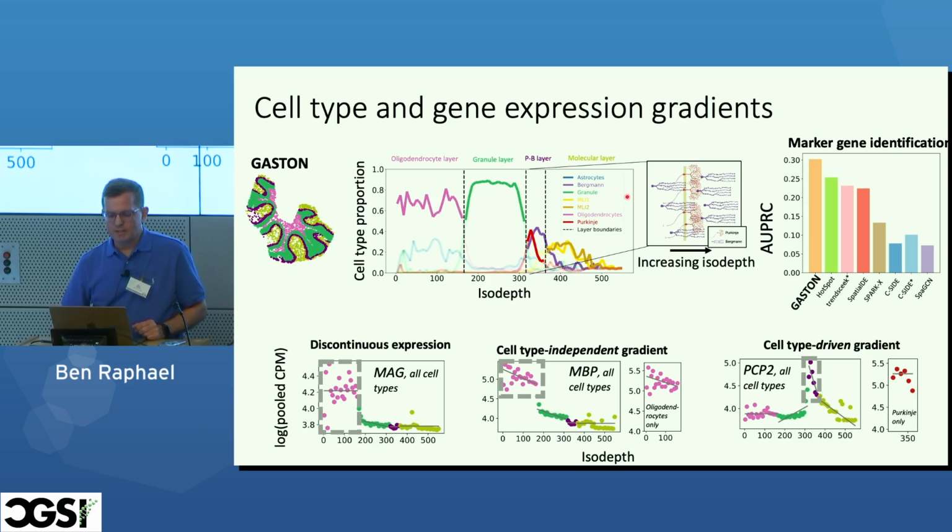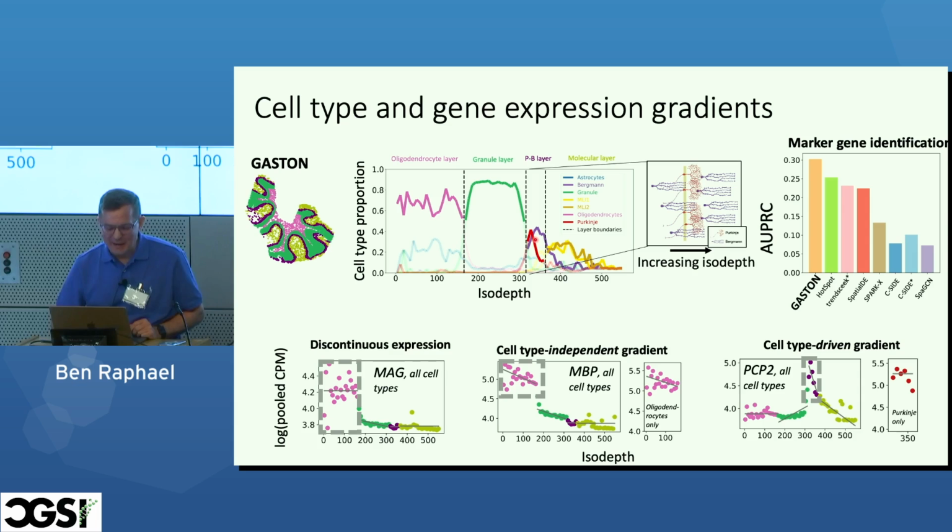What I'm showing you here is the changes in annotated cell type as a function of this coordinate. So this pink layer is dominated by oligodendrocyte cells. And then we have a rapid shift right here to granule cells, which is the granule layer. And then right here, interestingly, this is the Purkinje. I'm mispronouncing that.